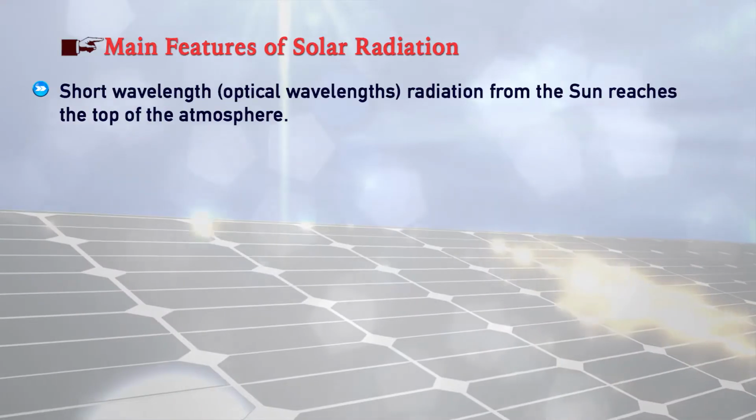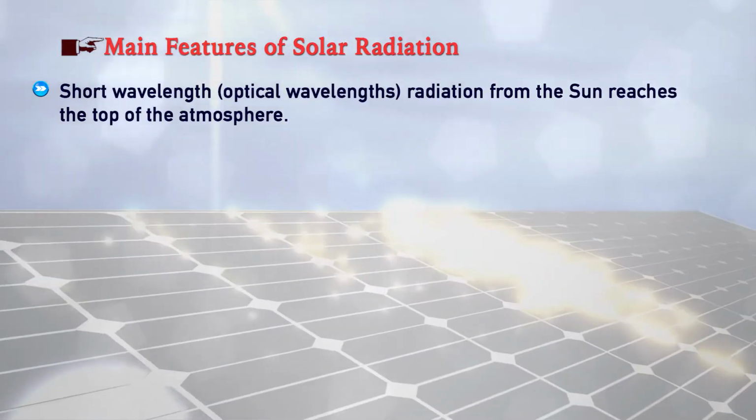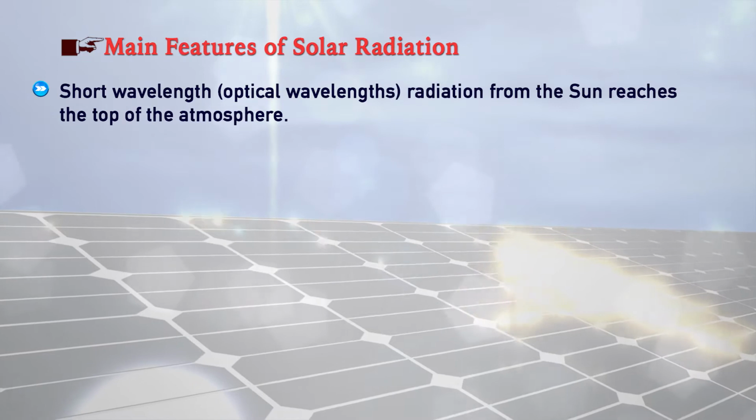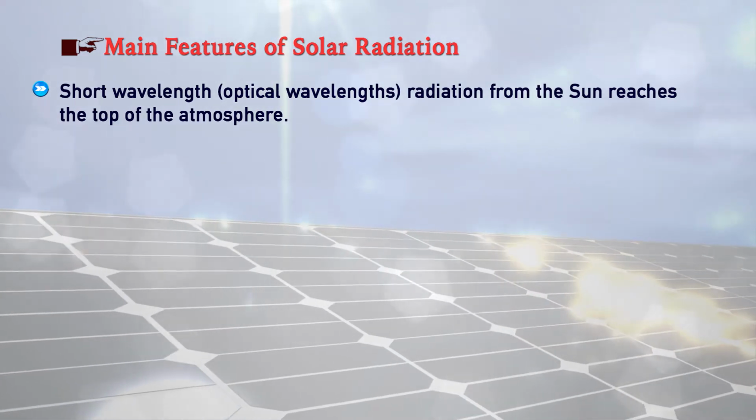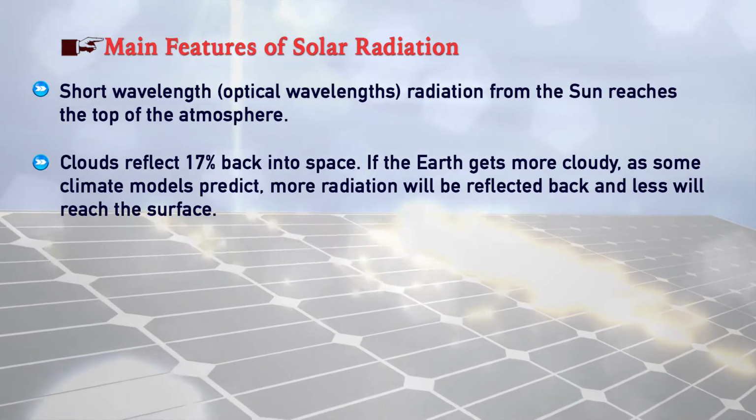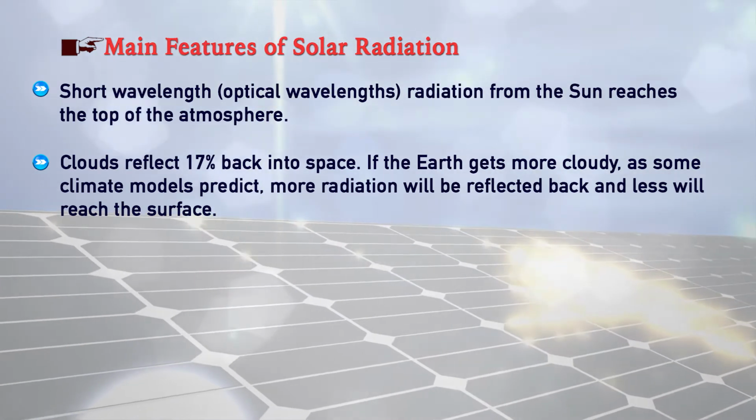The main components of solar radiation falling on the Earth are the following. Short wavelength, that is optical wavelength, radiation from the Sun reaches the top of the atmosphere. Clouds reflect 17% back into space.